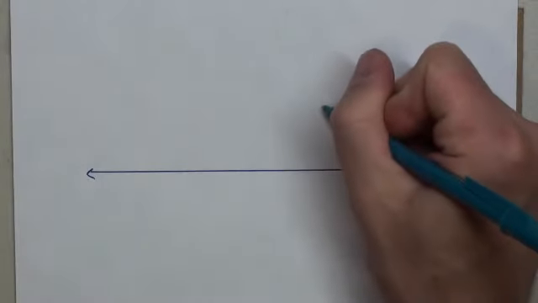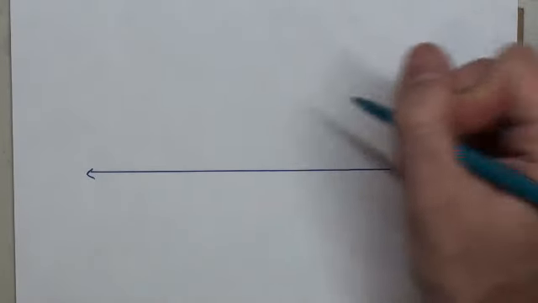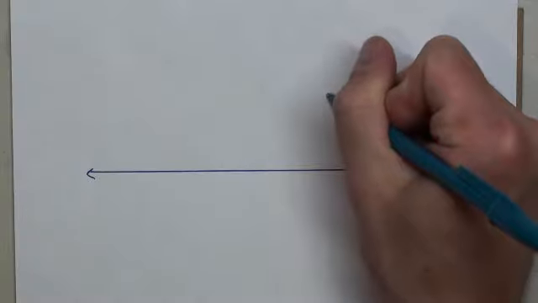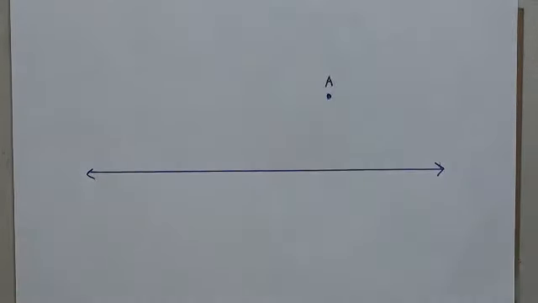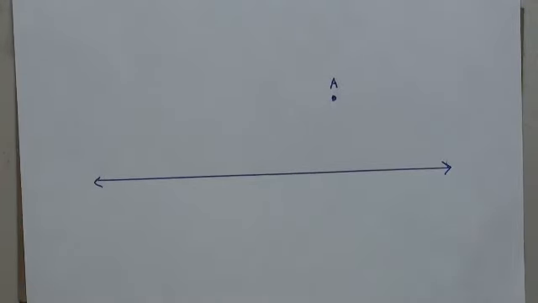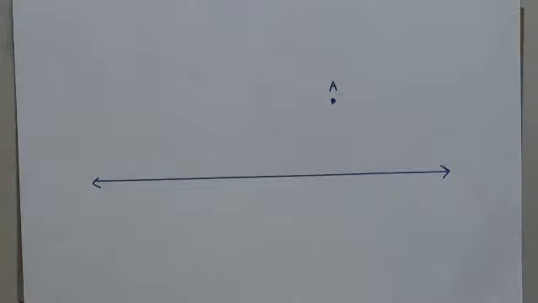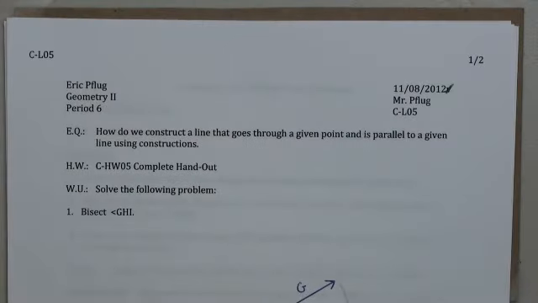And put a point a little bit up towards the right end of the line, about an inch or two up. This is point A according to the given problem. So that's what's given. It's about halfway down the page, and you're going to do the same thing that you just learned how to do. And then that is the end of lesson C-L05.